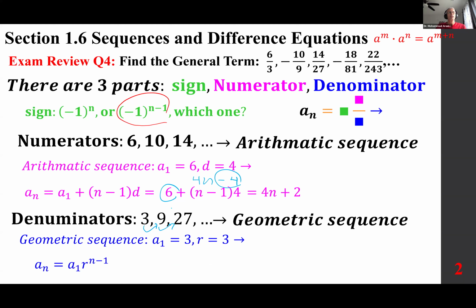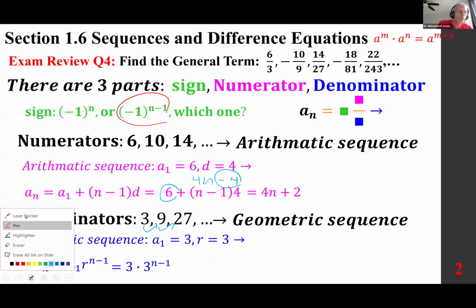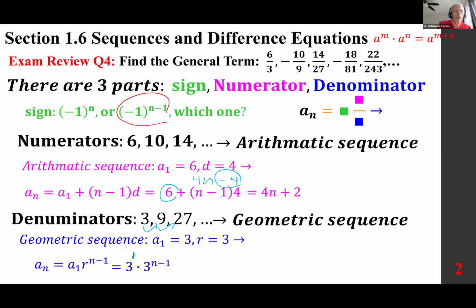A sub n is a sub 1 r to the power of n minus 1, and a sub 1 is 3, and notice the exponent is 1 when we don't write it. And following this method, you add up the exponents and you get 3 to the power of n.